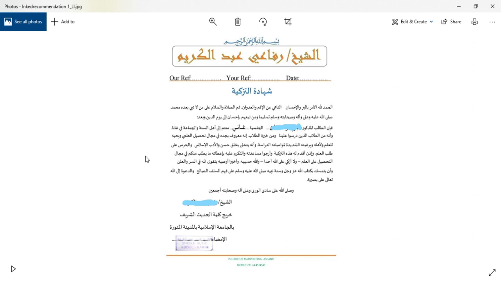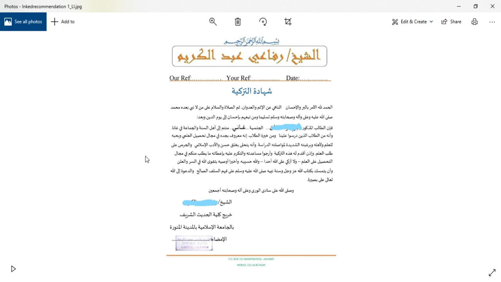In case you are applying for a scientific course, then you have to take a recommendation from your school, and then get a recommendation from your sheikh or a mosque or an Islamic institution that you believe is recognized by the kingdom or Arab universities or countries. So you can do that.